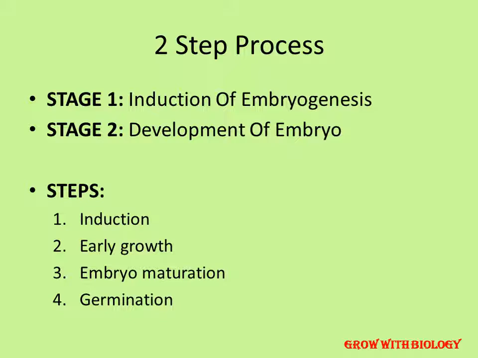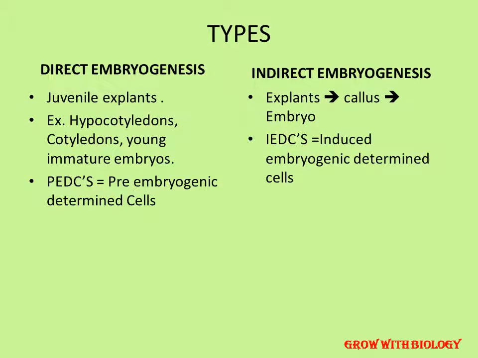Now it has two steps. Stage 1 is induction of embryogenesis and stage 2 is development of embryo. The steps involved are induction, early growth, embryo maturation and finally germination. Now there are two types: one is direct embryogenesis, another is indirect embryogenesis.